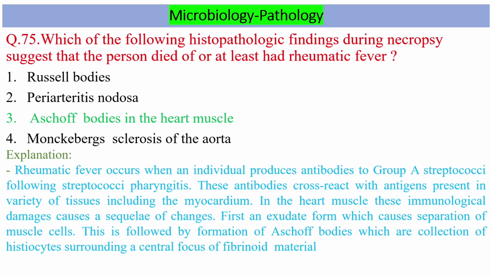These antibodies cross-react with antigen present in a variety of tissues, including the myocardium. In the heart muscle, this immunological damage causes a sequence of changes. First, an exudate forms which causes separation of muscle cells. This is followed by formation of Aschoff bodies, which are collections of histiocytes surrounding a central focus of fibrinoid material.